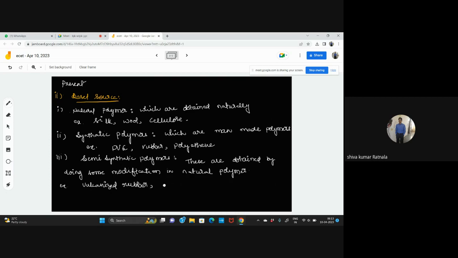Next one, nitrocellulose, etc. So this is first way of classification.